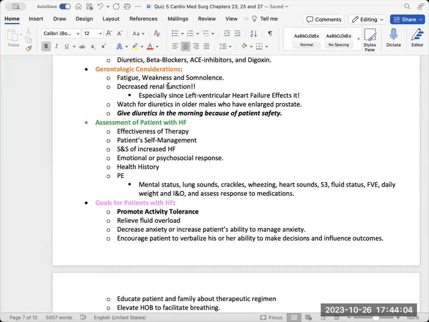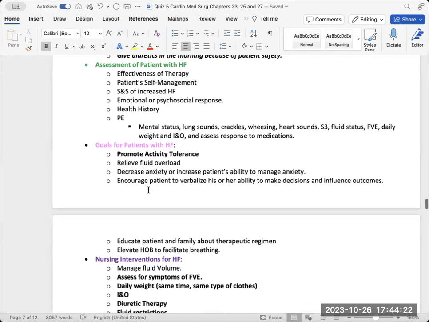It's not good, especially with those left-sided heart failure patients. Why? Because the blood can't get to the rest of the body and it can't get to those kidneys. And if we're starting to see our patient has oliguria, or a weak urine output, we really have to start seeing how their kidneys are doing. We want to look at the signs and symptoms, right?